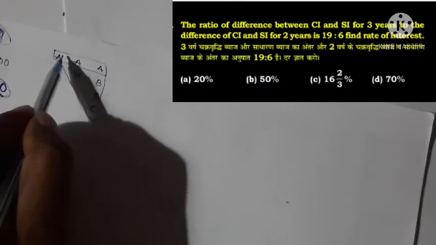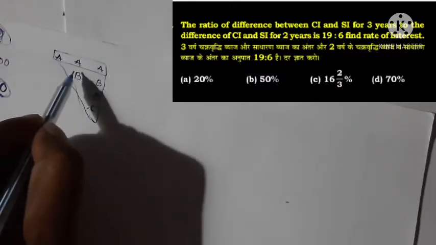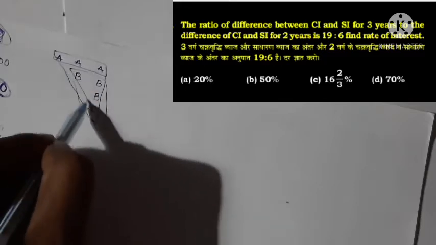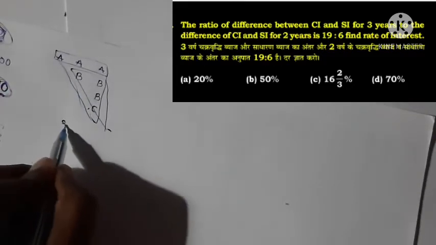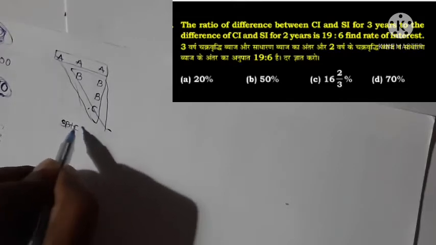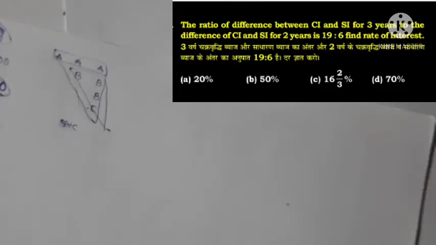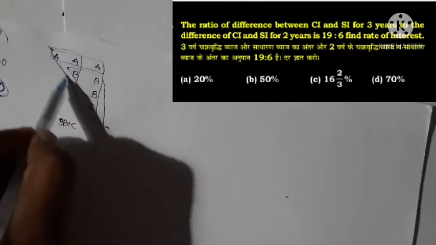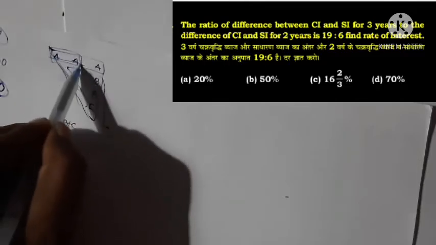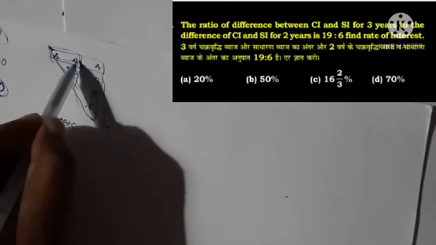The difference of CI and SI of 3 years is this part. So 3B plus C is the difference of CI and SI for 3 years. The difference of CI and SI for 2 years: simple interest is AA, compound interest is AAB.